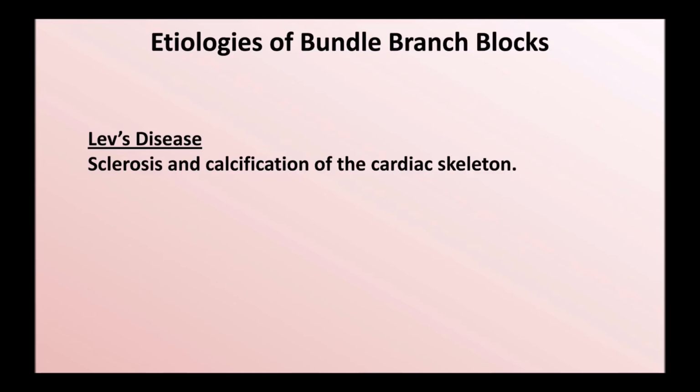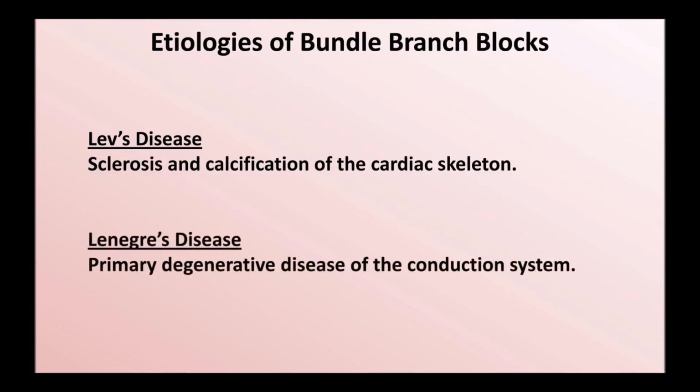Then there also is Lenegre's disease, which is the name given to primary degenerative disease of the conduction system. This presents in younger patients, may be hereditary, and can eventually progress to complete heart block.